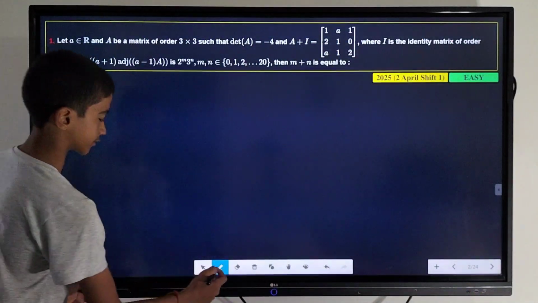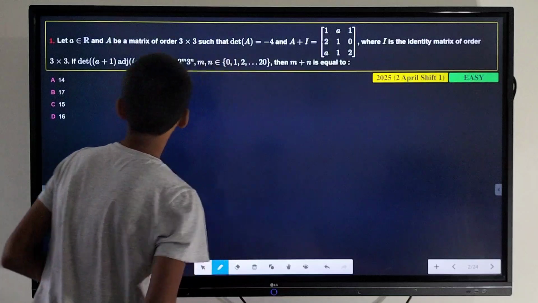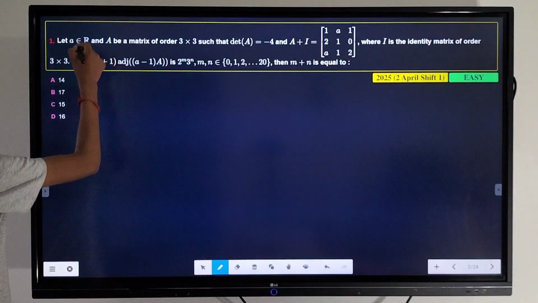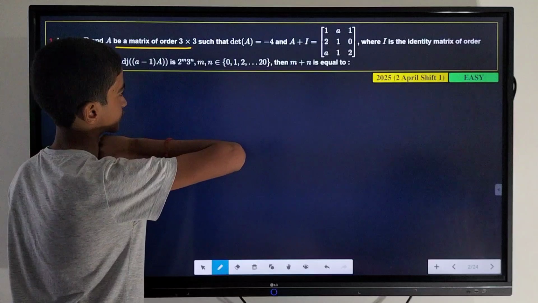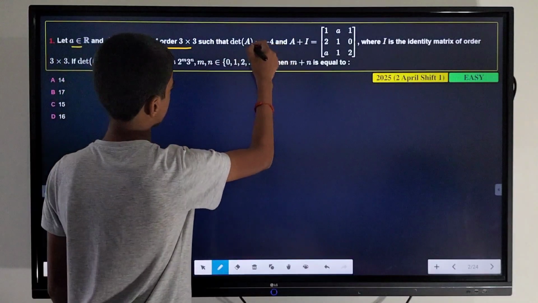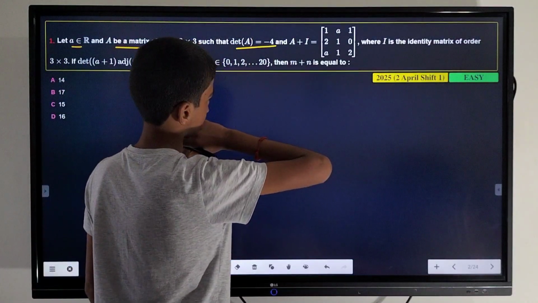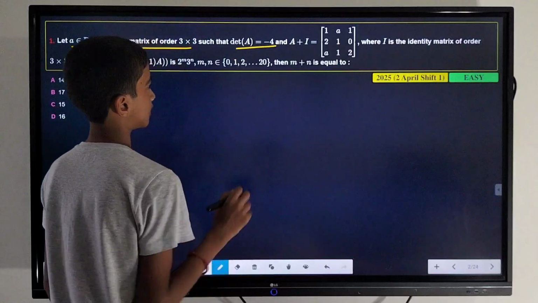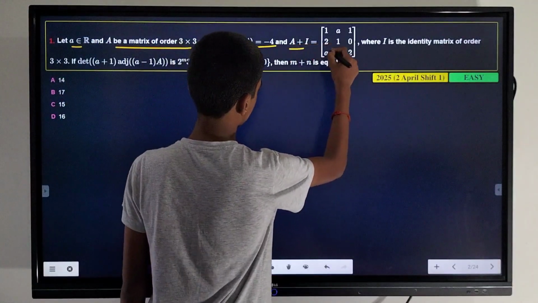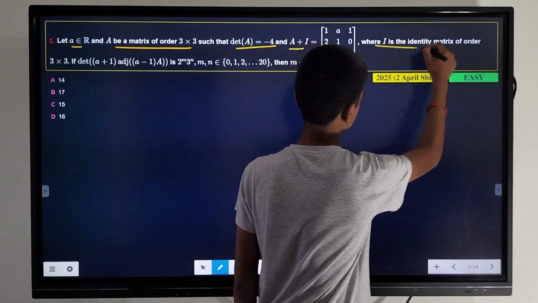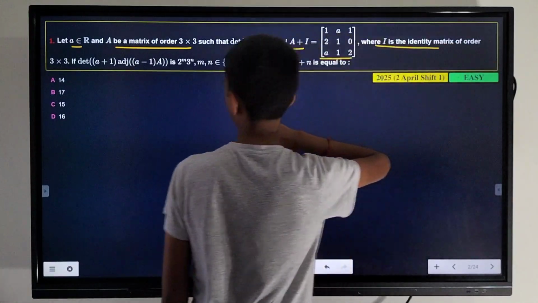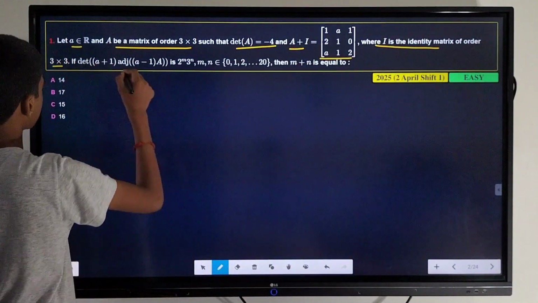Here is our first question. Our question says, let a belongs to R, A be a matrix of order 3 cross 3, such that determinant of A is equal to -4 and A plus I is equal to this matrix, where I is the identity matrix of order 3 cross 3.